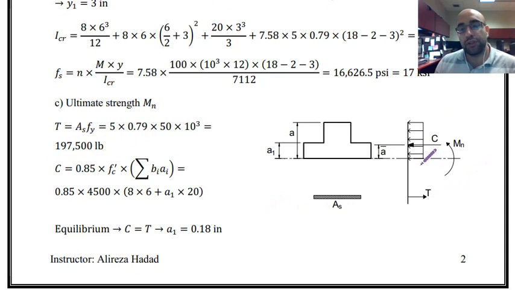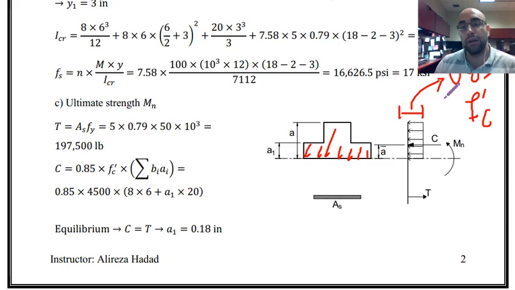And now for the compression force, I have to calculate the area under this compression block, which is this area, and multiply it by the intensity of the stress, which is 0.85 F prime C. The intensity of the stress is just something based on the idea of ultimate strength.